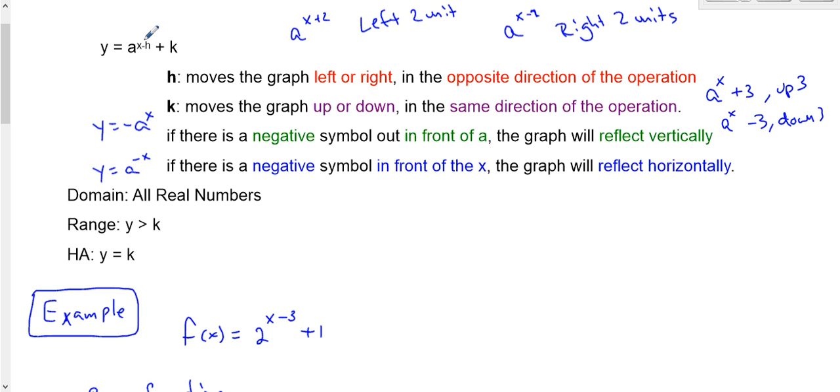And whenever we have values being added and subtracted like this with the h and the k, our domain stays all real numbers, but our range is going to be y is greater than k. In our original function, we were adding nothing here, so we just had y is greater than 0. But since we're moving our graph up and down, we have to adjust our range accordingly. So y is greater than k. And then our horizontal asymptote will also be changed to be y equals k.